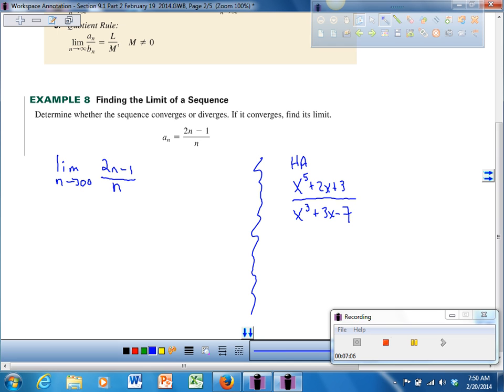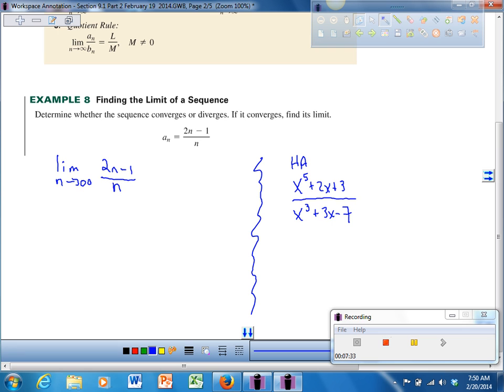And we think about what's happening if we put in a gigantic number to the top and bottom. Well, is the top going to grow faster or the bottom? The top is going to increase without bounds. It's going to go to infinity. And when we had a rational expression like this, we said there was no horizontal asymptote because the top will grow much faster than the bottom and will go to infinity.